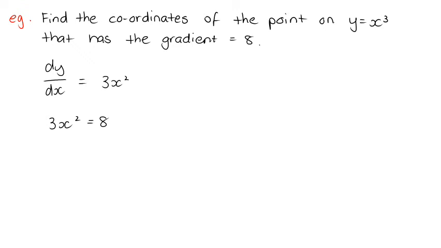You have to divide first, then take the square root. Remember, the square only applies to the x. So you get plus minus root of 8 on 3. So we get plus minus root 8 on root 3.